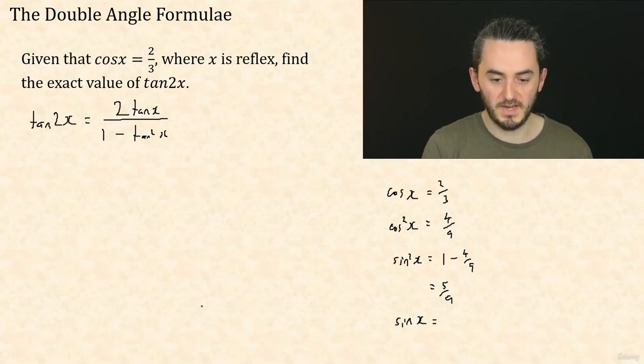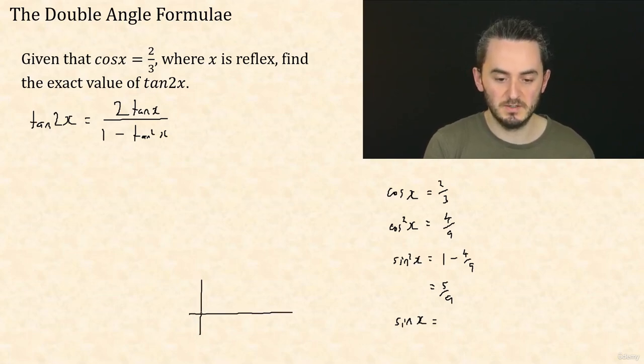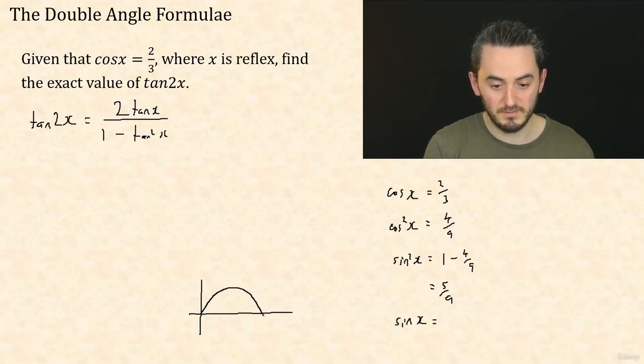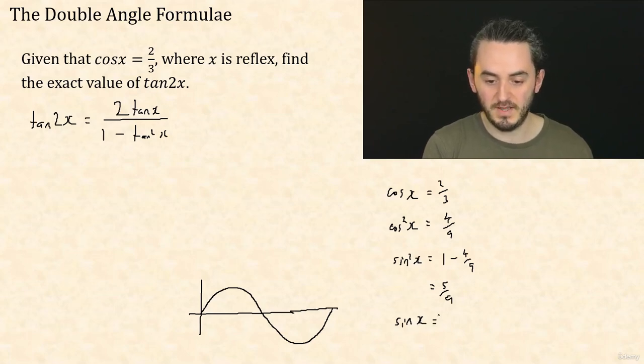Well, x is reflex. And what can we say about the sine graph? Well, between 0 and 180 it's positive, and for our reflex angles between 180 and 360 it's negative. So sine x must be negative, so we're looking at the negative square root of 5 over 3.